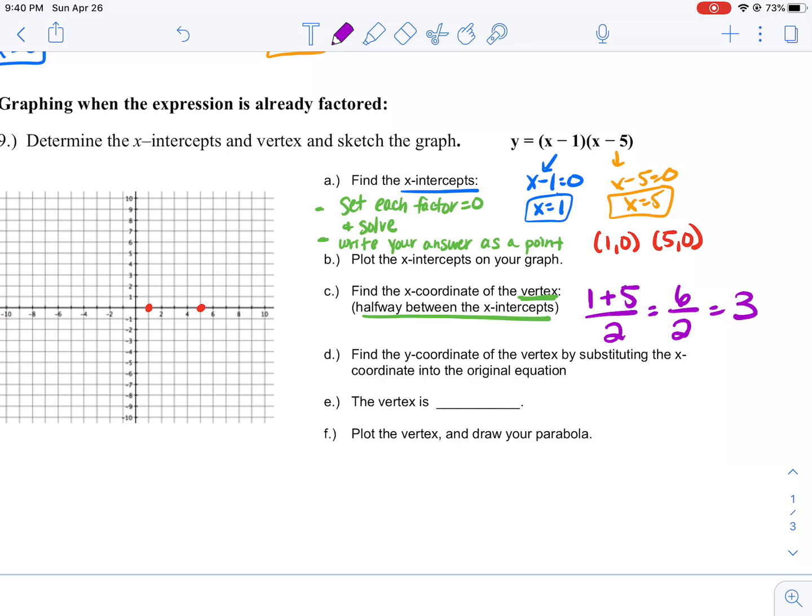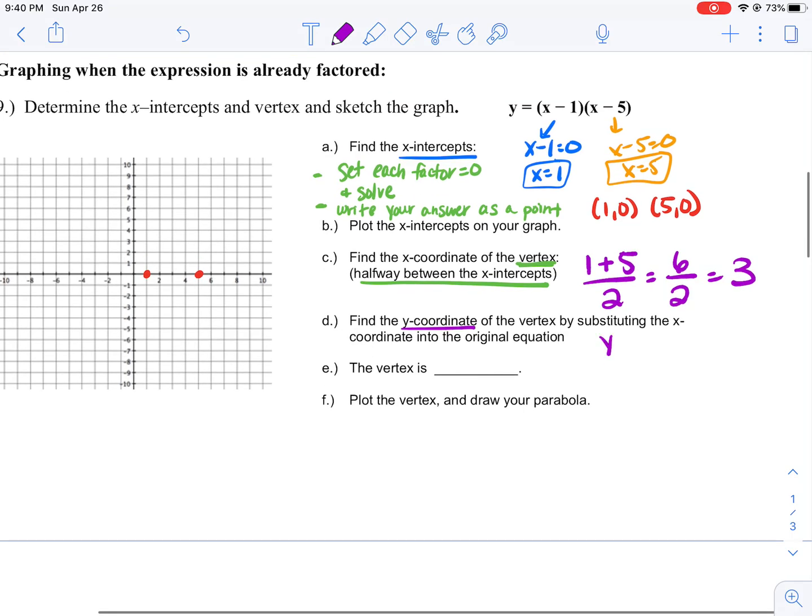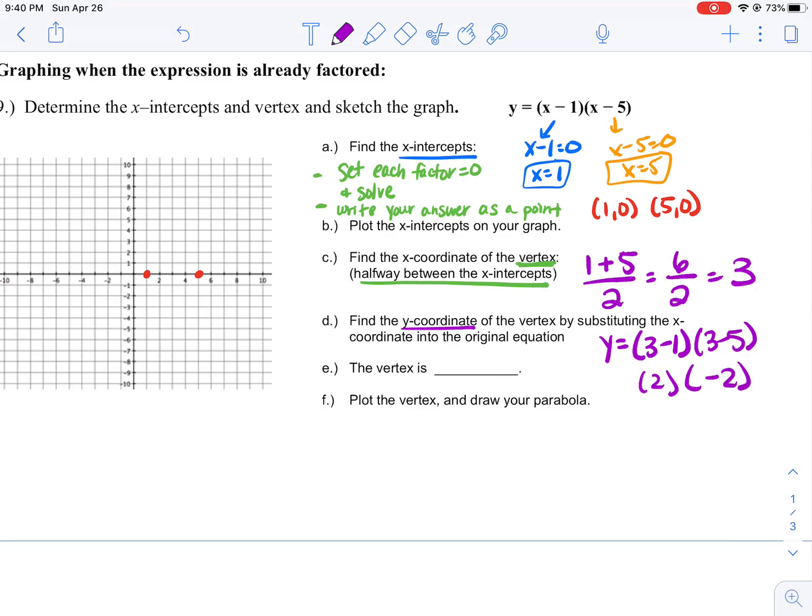Finding the y-coordinate means substituting that 3 into my original equation. So y is equal to, substitute 3 for x, and 3 for x again. So you're going to get 2, and then negative 2. So y is going to equal negative 4.